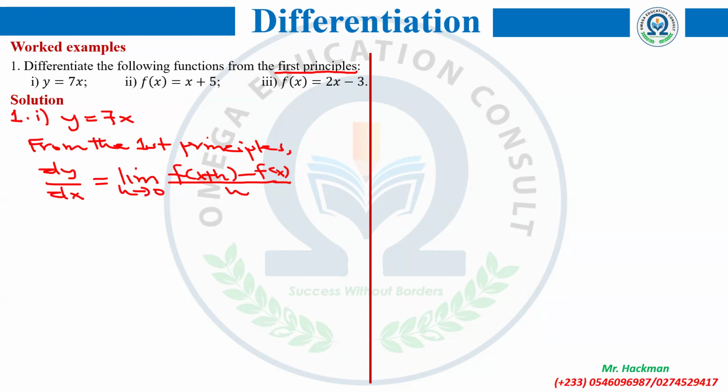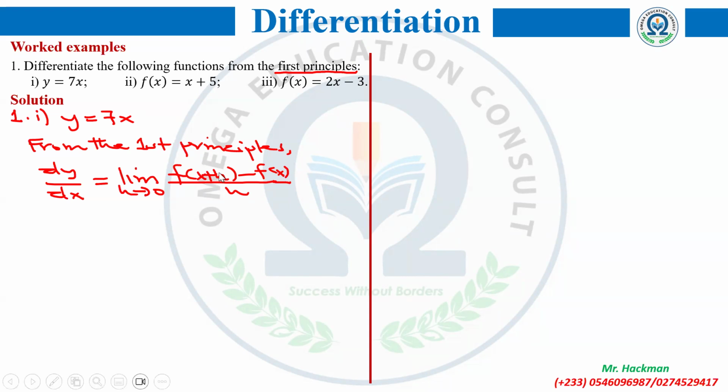Please, is it necessary to use h, or can you use any letter? You can use any letter, only that usually we use h. You can use any letter apart from y and x, especially x. I'm talking about x. So you can use a, you can use whatever.